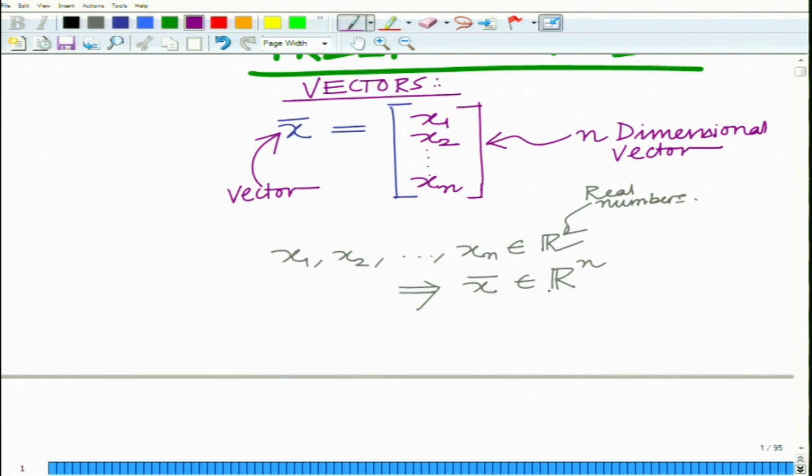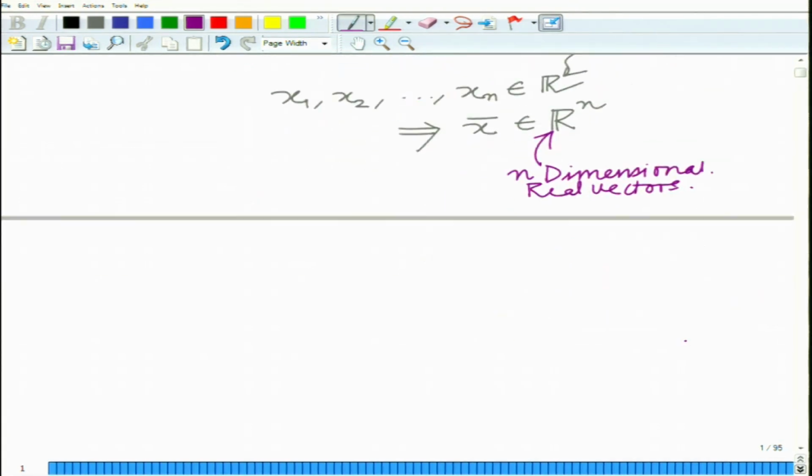All right. So, this is the space of n-dimensional real vectors. Okay.